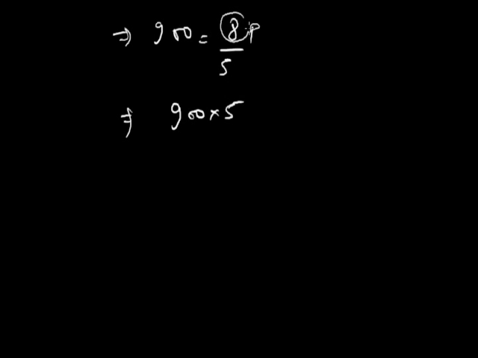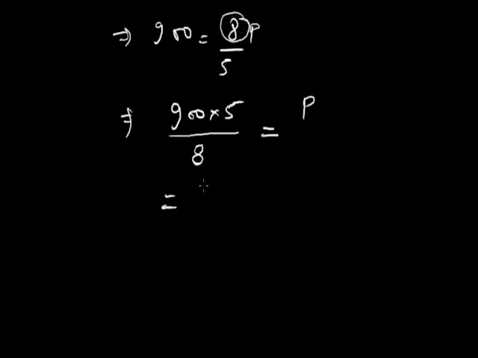Now using cross multiplication method, if 900 is equals to 8P upon 5, I will take this 5 in the denominator to the numerator, where it is multiplied with 900, and this 8 in the numerator to the denominator of the left hand side. So this reduces as 900 multiplied by 5 divided by 8 equals to P.